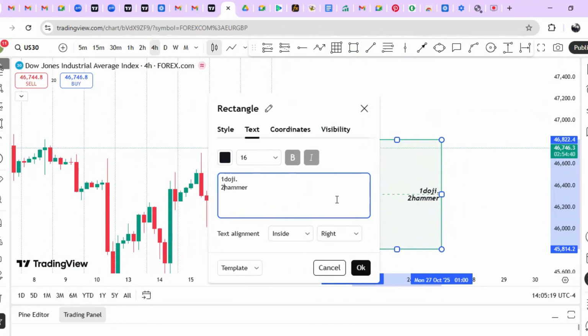Three, the three candle formation. Then four, the engulfing candle.